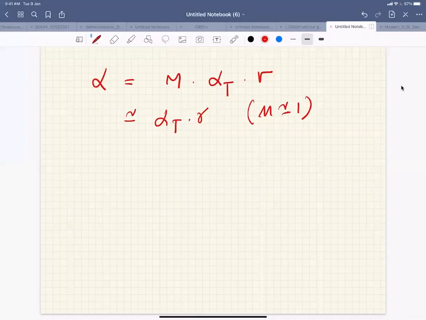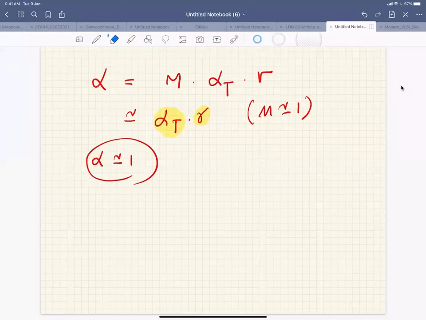So this is alpha. If we want our alpha to be 1, because I want my IC to be equal to IE, that means I have to improve the injection efficiency gamma, and I have to improve alpha t, right?